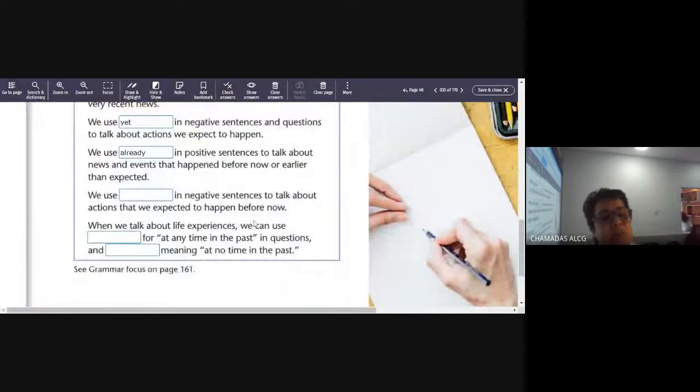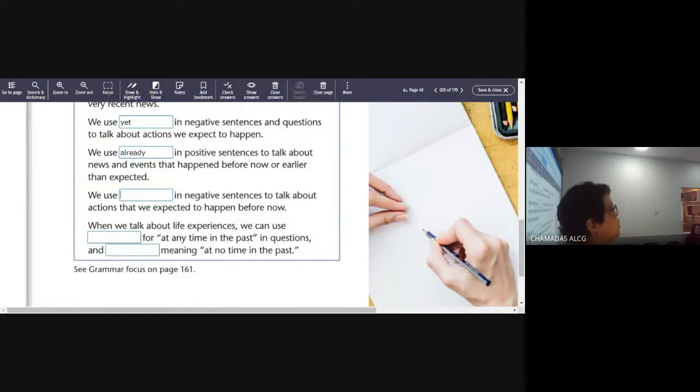Especially in the present perfect, because we are talking about something that hasn't happened yet. So we still have to do it. If we use still in a positive sentence, we tend to use the simple present. For example, I'm still a teacher. I still work as a teacher. Okay, I'm still here at Oxford. Exactly.